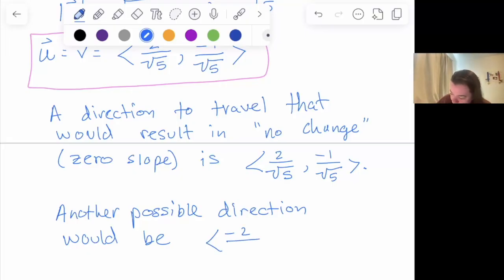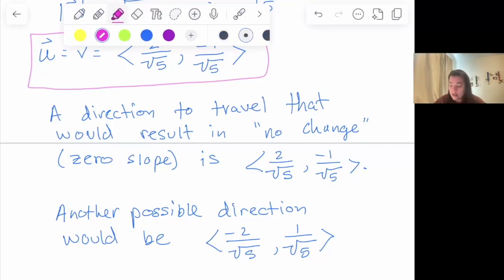So the negative of the originally chosen vector. And definitely as an exercise, if you're uncertain why that works, double check that. Find the directional derivative of the function at the given point and use this as the unit vector and confirm that you will in fact get a 0 slope at the end of the day.